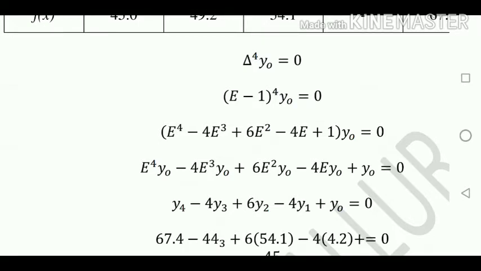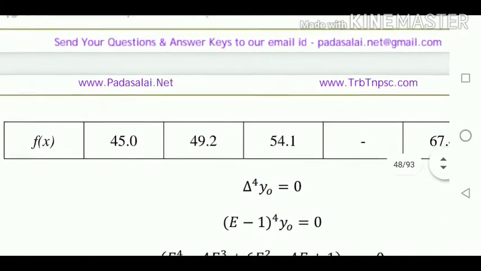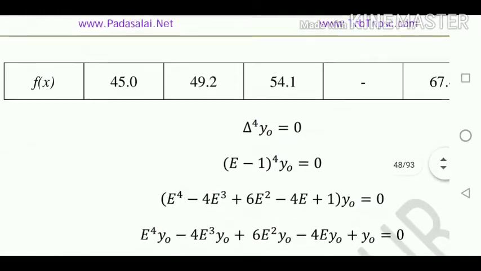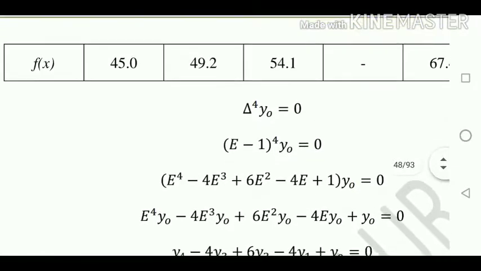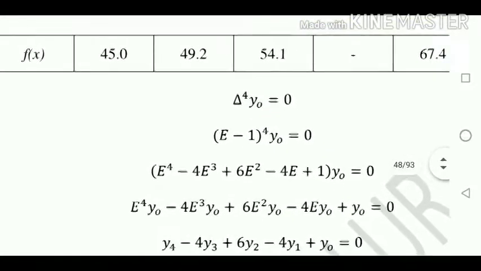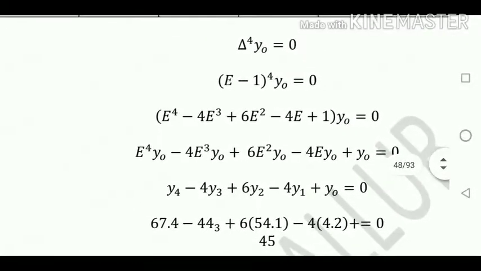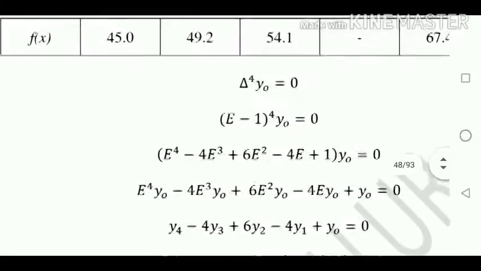Apply the formula for (E minus 1) whole power 4. Here there are nearly 5 terms, with one missing term. We are taking y4 as 67.4. Then y3 we don't know; y2 and y1 are given, and we are finding y0.